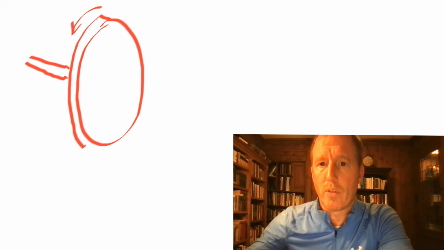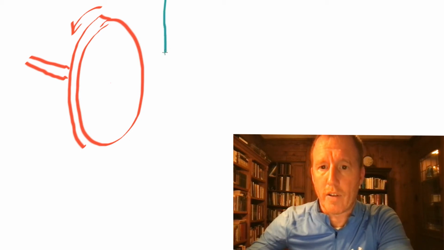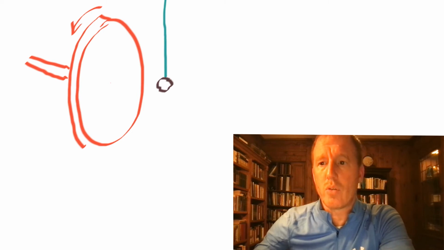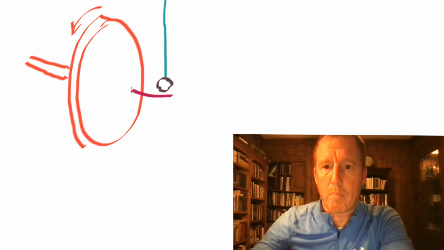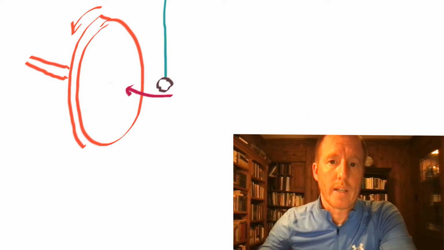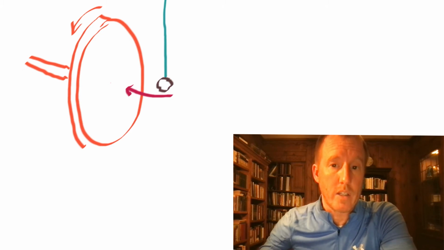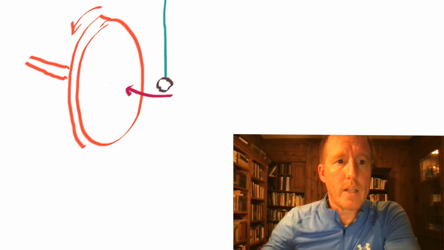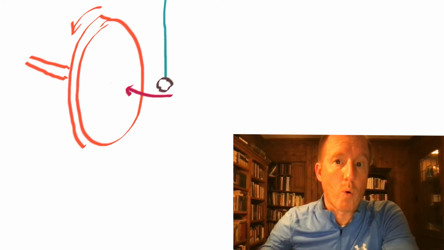And now suppose that we hang in front of it a tiny thread and a very light little pith ball or some other light object. And as you spin this disk, you notice that this ball begins to be attracted toward it. It looks clearly like it's being pulled toward it. In fact, it is being pulled toward it. Why is that? It's not like there is a cord attaching these, so what is causing it to be pulled?